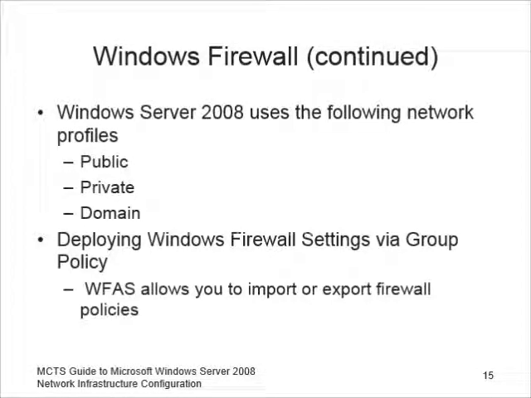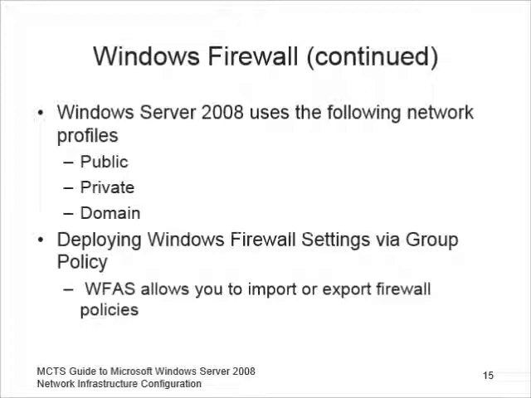A new addition to Windows Server 2008 and Windows Vista is the concept of network profiles, which are also known as network locations. Clients use a network profile to determine what type of network they are connected to. Firewall policies and other network settings, such as sharing, are defined for a client based on its profile.